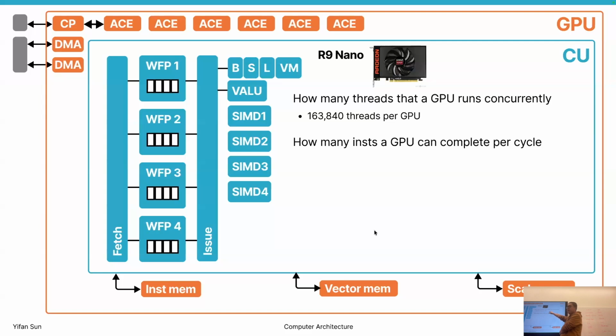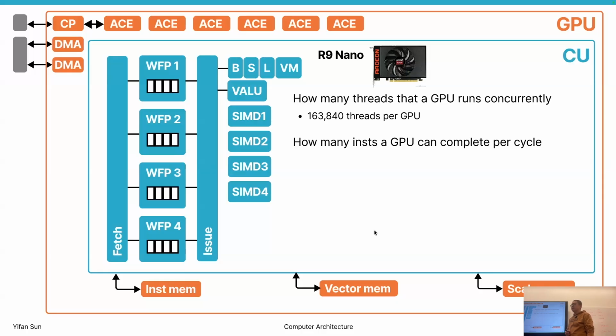This number of threads per GPU means the number of threads that are currently executing around the same time. They are waiting in the wavefront slot to be scheduled, but not all of them can be scheduled in every cycle. Now, in theory, in each cycle, only 1 out of 10 can be selected. But actually, 1 out of 40 can be selected.